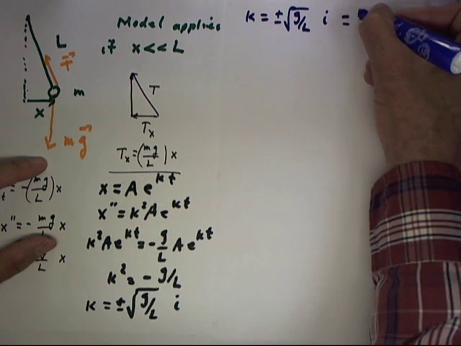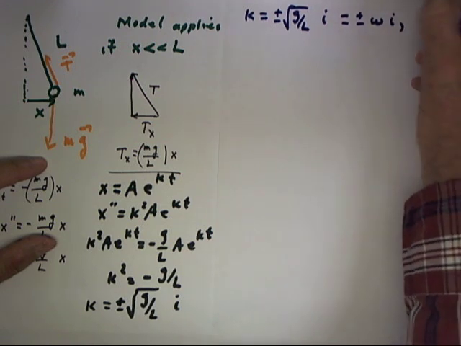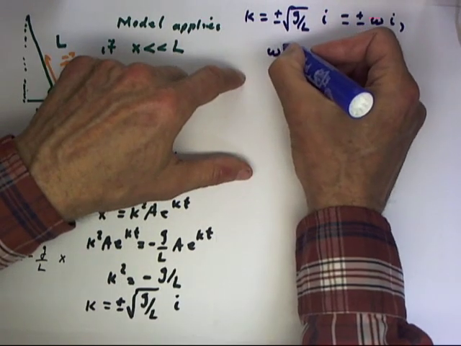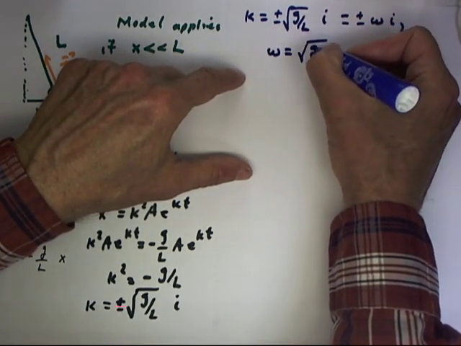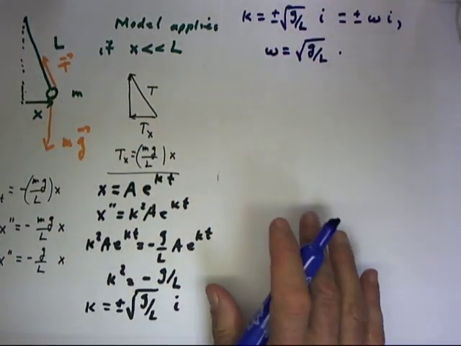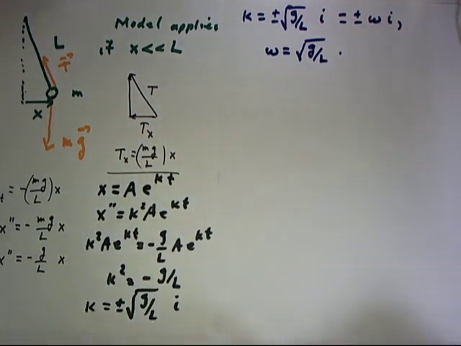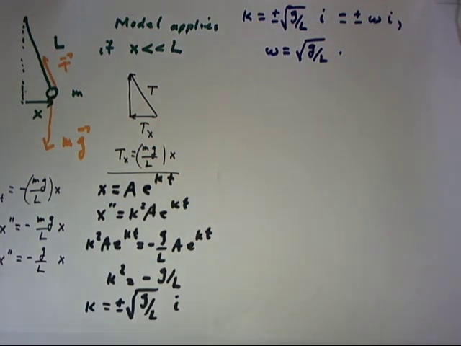And I'm going to say that's equal to plus or minus omega i, where omega is just a simpler expression for the square root of g over L. Now, omega is going to have an interpretation, which you might already be familiar with. Interpretation is angular frequency or angular velocity on a reference circle, but we'll see what that means in a minute.